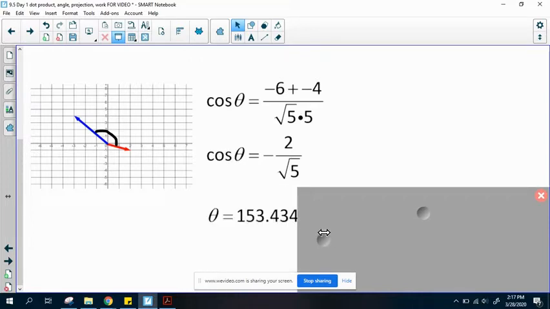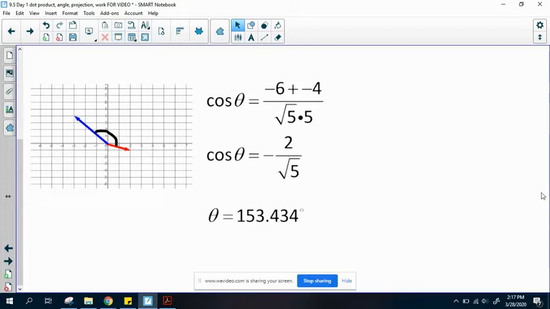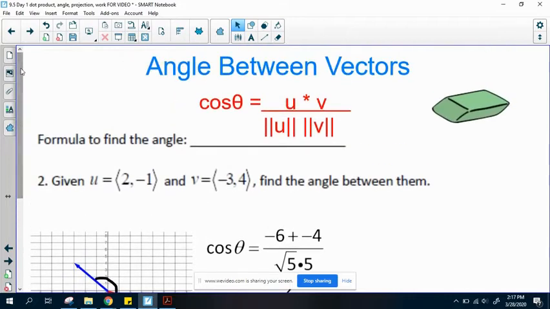So you're going to do inverse cosine, and we get 153.434. Because it's a calculator section, you do want to use three decimal places. You can see our answer makes total sense, because this clearly looks like it would be 153 degrees. This is how you find the angle between any two vectors. You find the dot product, divide by the magnitudes, and then do inverse cosine.